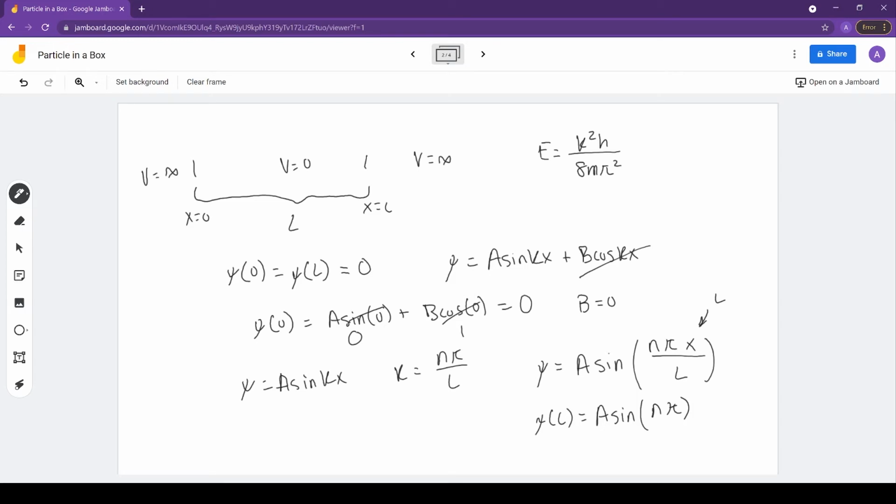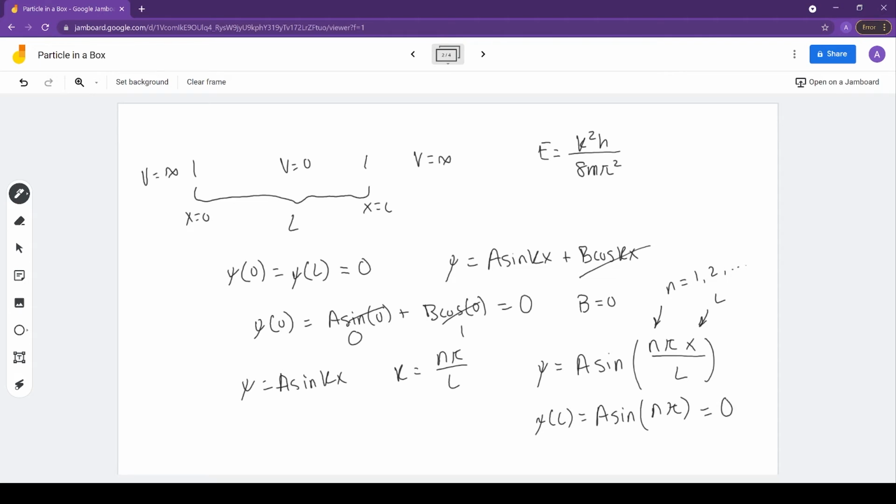When n is any integer, 1, 2, 3, etc., n times pi is a multiple of pi, and the sine of a multiple of pi equals 0. So this ends up equaling 0, and that's what we want.